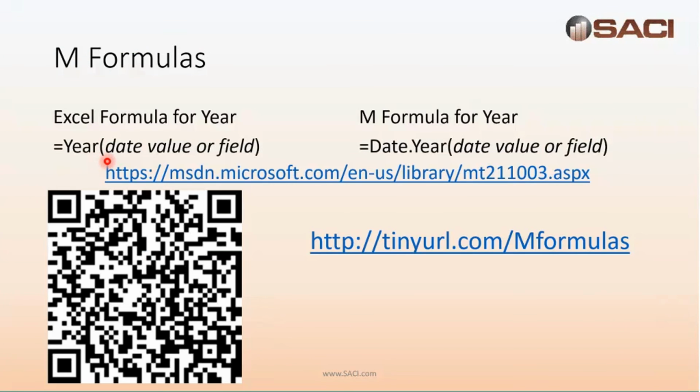Equals year, and then whatever field or value you want to do. Notice how M is different. Even though the adding and subtracting of columns with numbers were the same, there is a difference in the formula. So this link, it's all the same, QR, tiny URL, or the full link will provide you with the ability to get access to the M language.